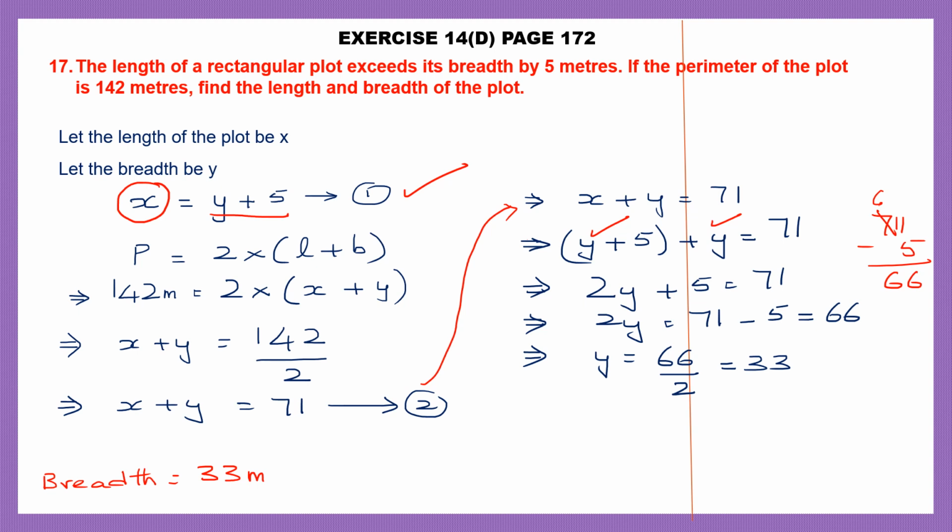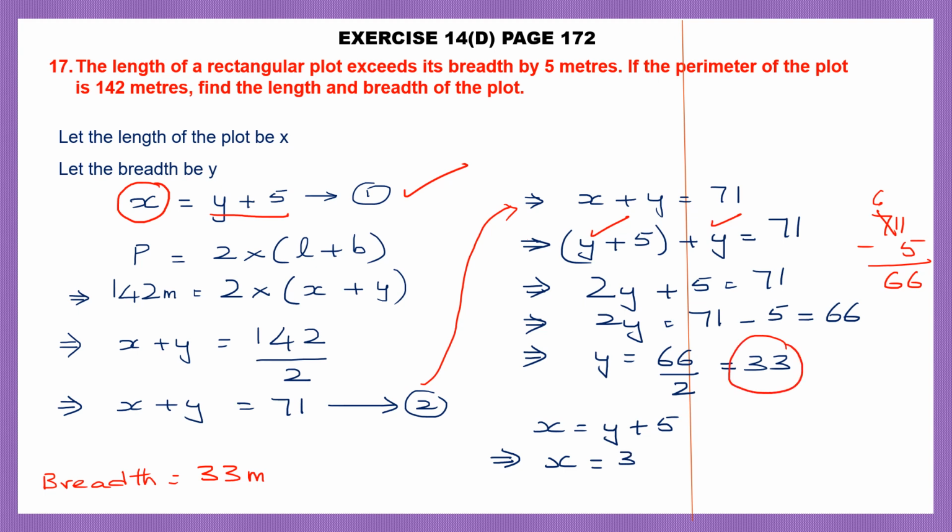Now I can use any one of the equations to find the value of x. So let me go to the first equation, since I already know the value of y now. So x is equal to y plus 5. Y is 33.